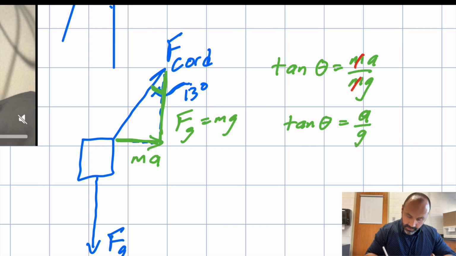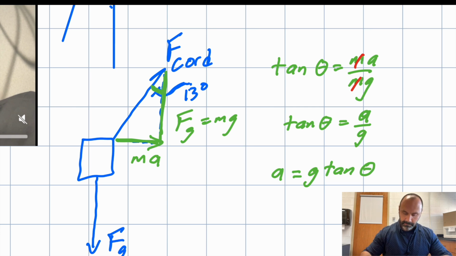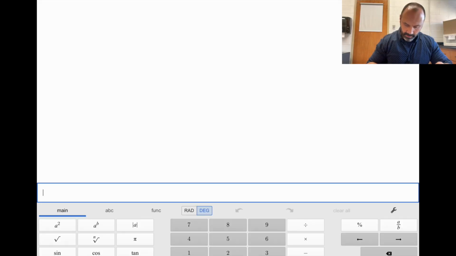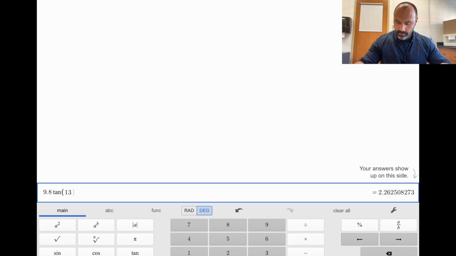So if I want to find the horizontal acceleration, all I have to do is take g times tangent of theta. I'm going to use g as 9.8. Go to my calculator, and I say 9.8 tangent of 13. I'm in degree mode, so that comes out to 2.26 meters per second squared.